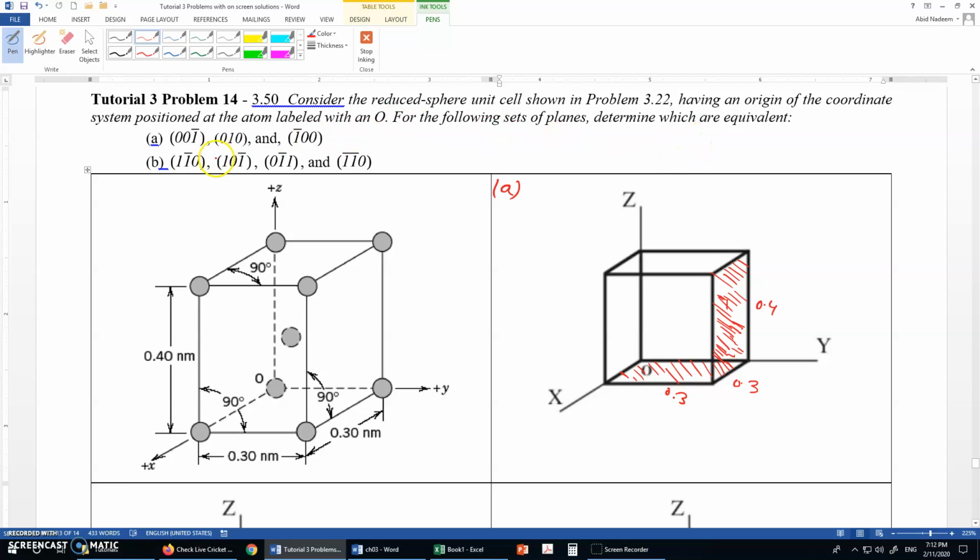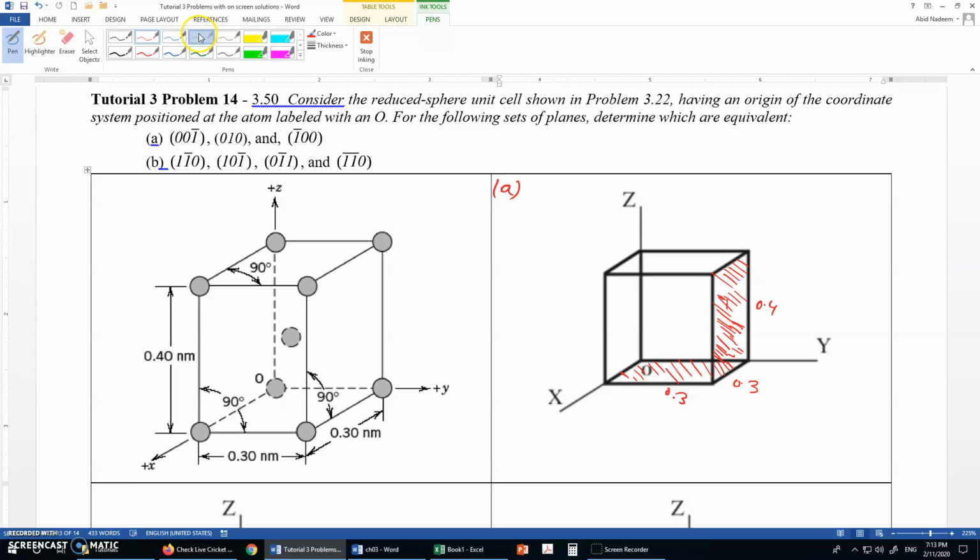equivalent. Okay, so let's see what this plane 1 bar 0 0 is. So 1 bar 0 0 will be the plane which will be parallel to the y and z axis, and due to the 1 bar we will need to take an origin over here. Okay, and then that will be in -1, that will be this direction, that will be this plane.